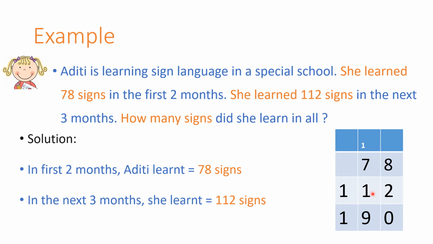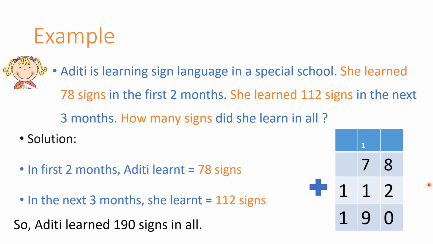So 78 plus 112, if you add, 8 plus 2 will be 10. So 10, you have to regroup, with 1 as a carryover and 0 in the ones place. So 7 plus 1 is 8, 8 plus 1 is 9, and 1 as it is.